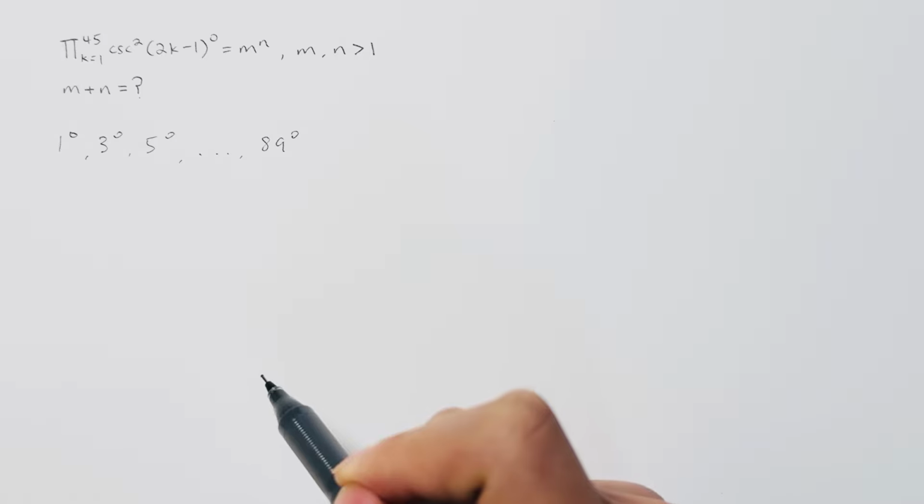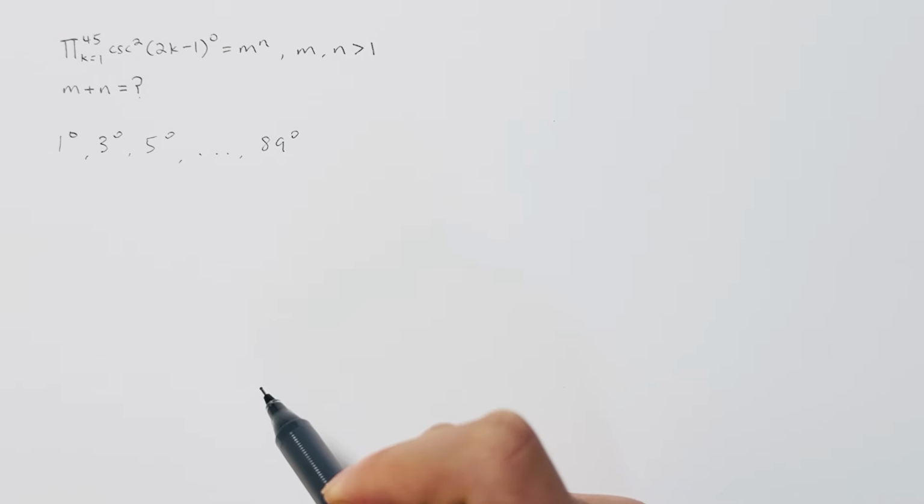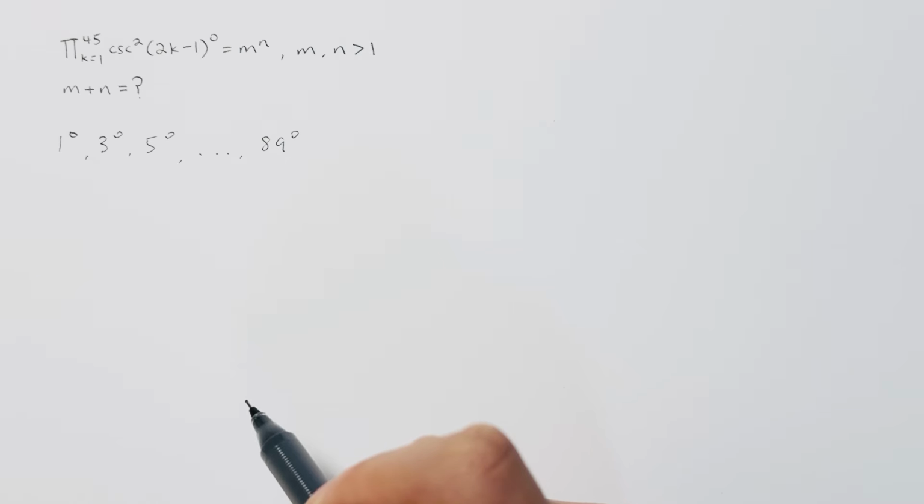First rule of trig products is that cosecant is just 1 over sine. And dealing with sines is much easier because we have many more identities for them.